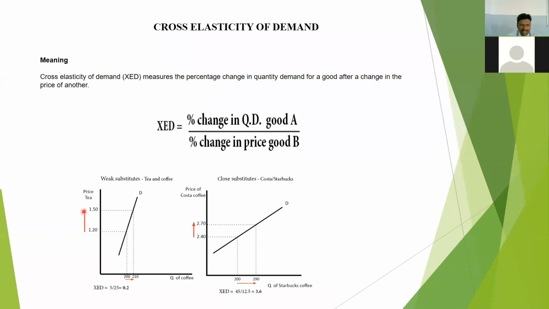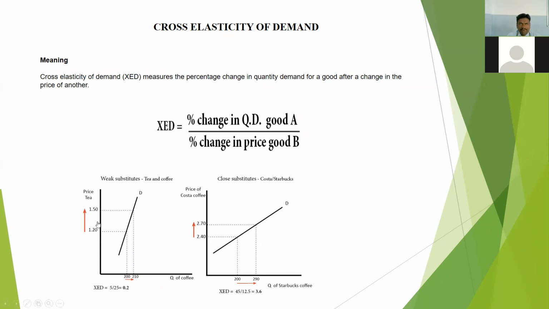Price of tea we are taking on the y-axis. Then quantity demanded, not tea, the quantity demanded of coffee we are taking over here. So the price of tea and quantity demanded of coffee.